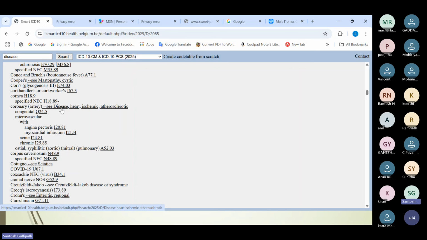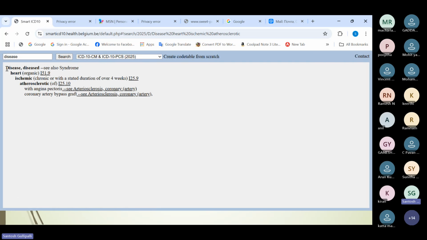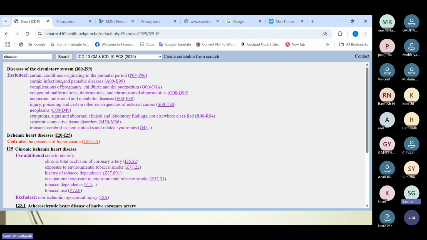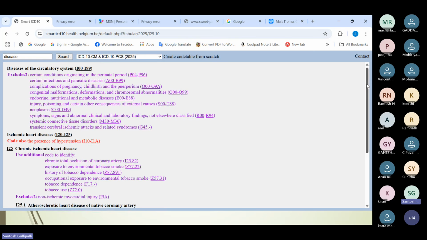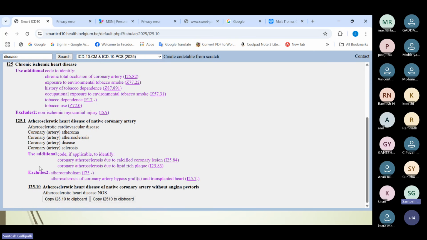So you go to disease, heart, ischemic, atherosclerotic, and the code is I25.10. So the diagnosis code for coronary artery disease is I25.10.